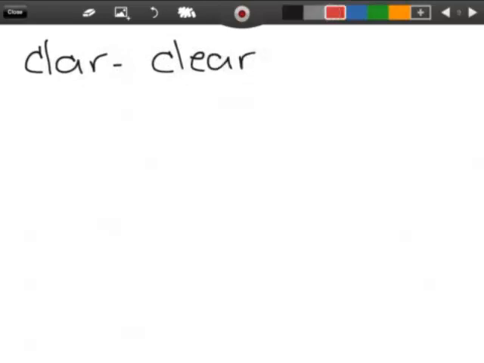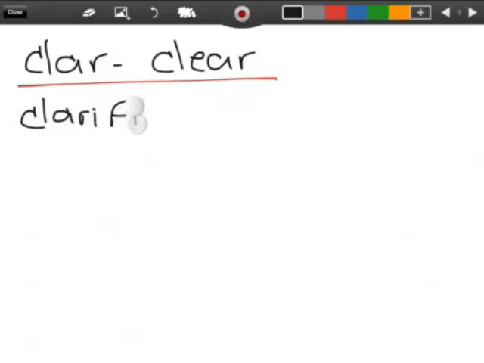I'm going to go ahead and underline this since this is a commonly used root, and I'm going to give you two example words. One of them is clarification. Clarification.